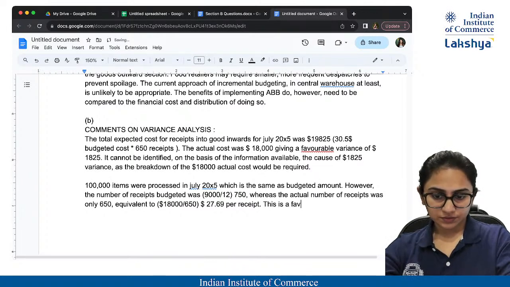This is a favorable variance. It's better for us. The difference between the two, 2.81 per receipt.